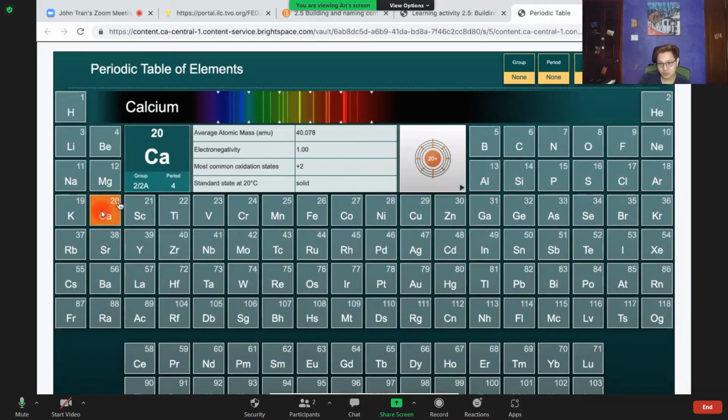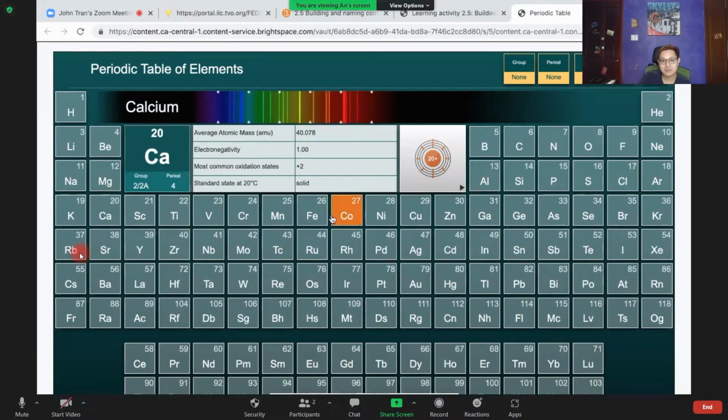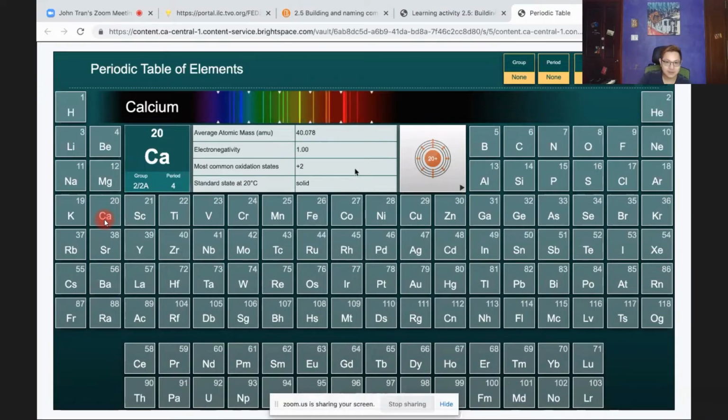So calcium belongs to group 2, so it has 2 electrons in its outermost shell. Is it easier to gain 6 more to become 8, or is it easier to lose 2 and have 8 again but in a smaller shell? It would lose, of course. So calcium will become a cation. There you go. That's the logic.